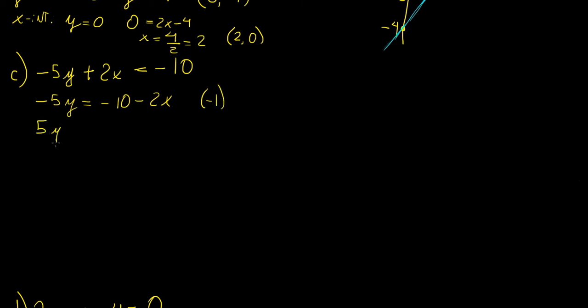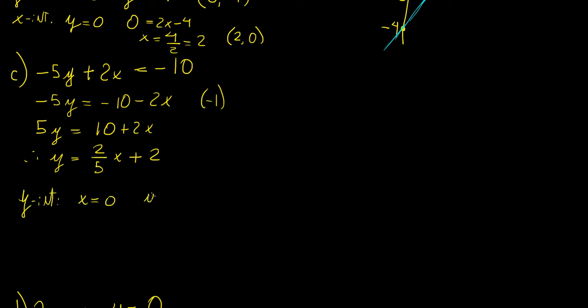So this becomes 5y equals 10 plus 2x. That means y is going to be, dividing both sides by 5, 2 on 5x plus 10 divided by 5, which is 2. Okay, so now with that, we have the y-intercept. X equals 0, so y is going to be equal to 2. So that's the point 0, 2.